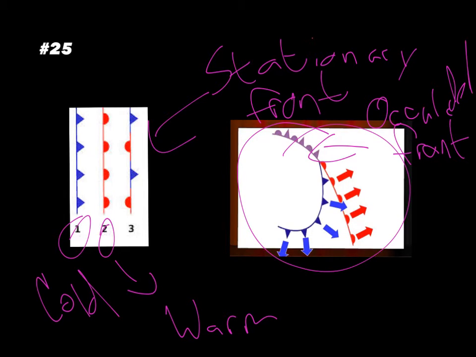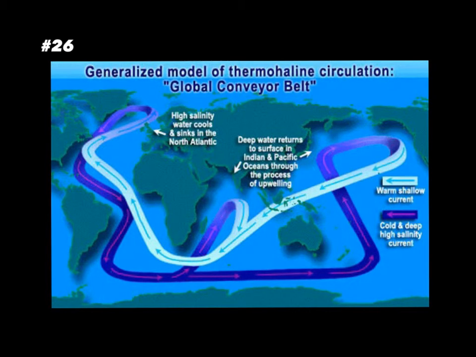But those are your types of fronts. Anyways, we'll move on to the next question. Last question here that we're going to cover. This one's talking about the global conveyor belt, and we're talking about the salinity of the ocean water. So remember, as we go towards the poles, the North Pole, as you go down towards the South Pole, the water has higher salinity and sinks to the bottom of the oceans.